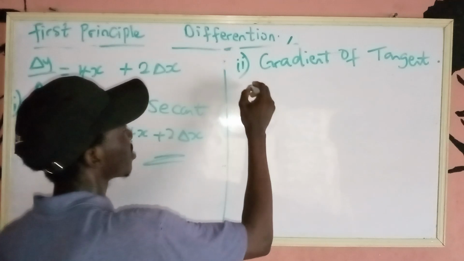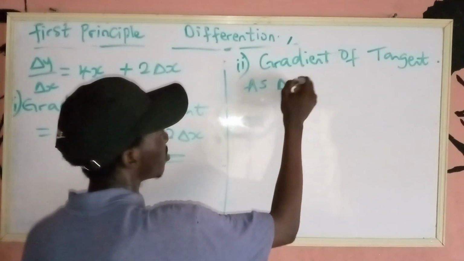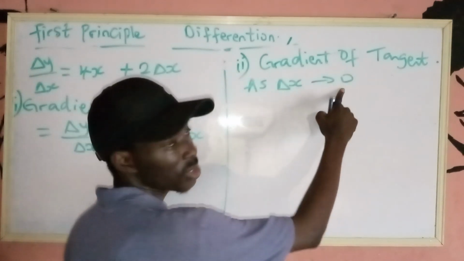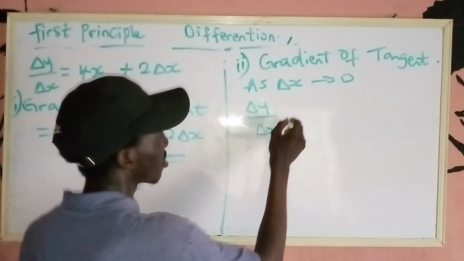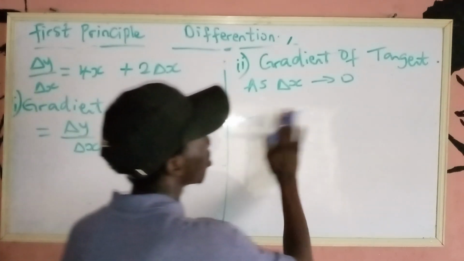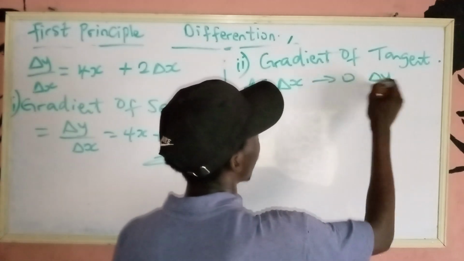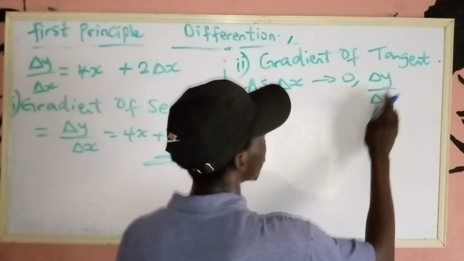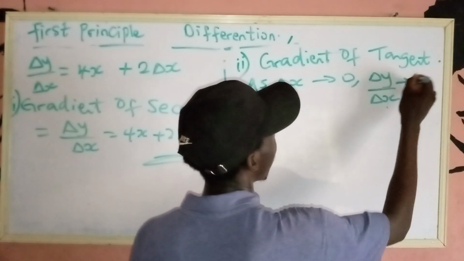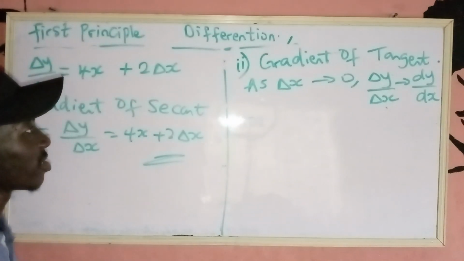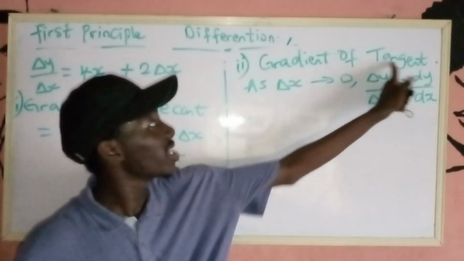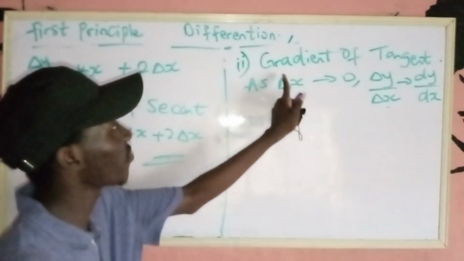So in that case, I'll say as change in x goes to 0, then my change in y by change in x approaches dy dx. And dy dx is the value of the gradient of the tangent.